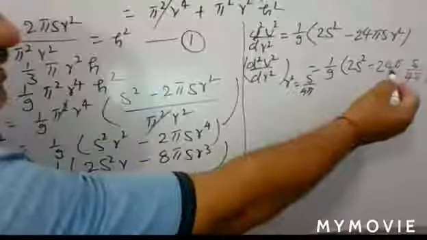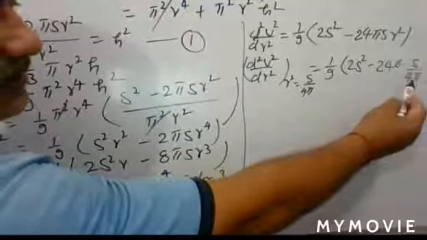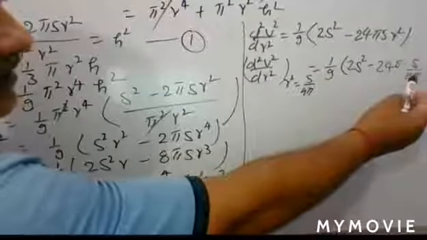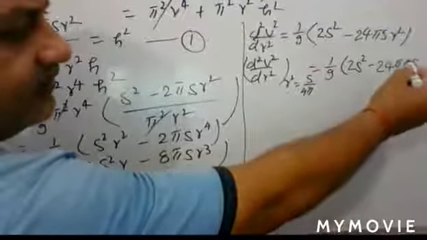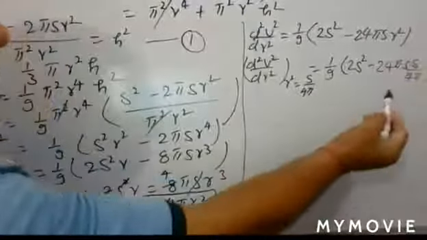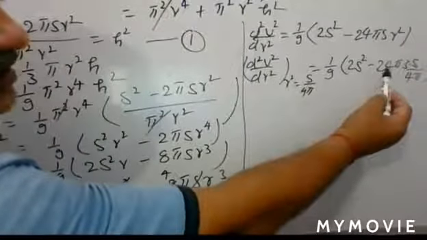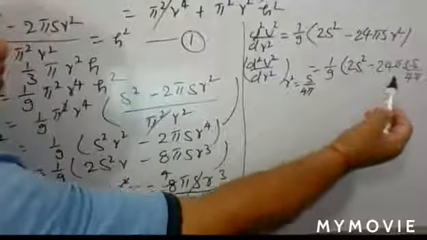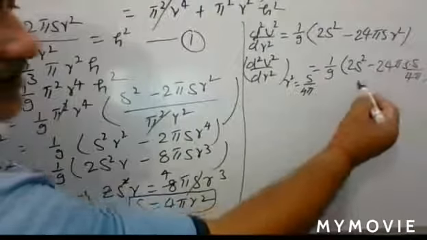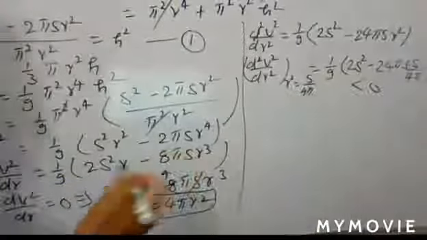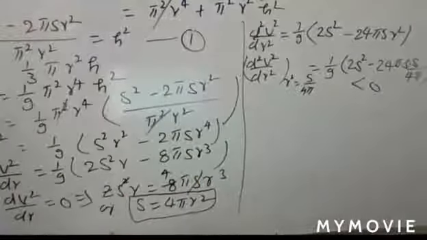So 24 pi and s upon 4 pi, pi cancels and s is also there. Overall, you have minus 8 on this side and 2s square, so that quantity is less than 0. Here you check its sign.